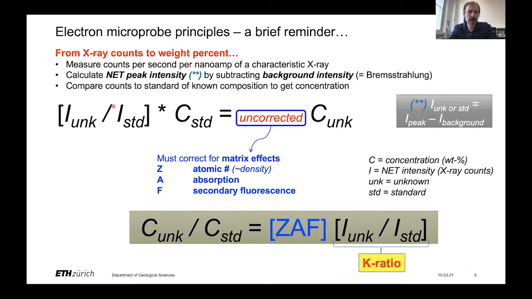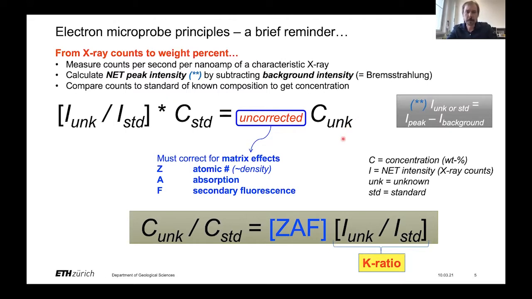The ratio of the intensity that we measure, being the intensity of the characteristic X-ray, so that means you have to subtract any background intensity, the Bremsstrahlung. So this intensity that you measure of a certain element divided by the intensity of the same element in a standard of known composition, you multiply this by the concentration of the standard. This is approximately equal to the concentration of that element in your unknown.